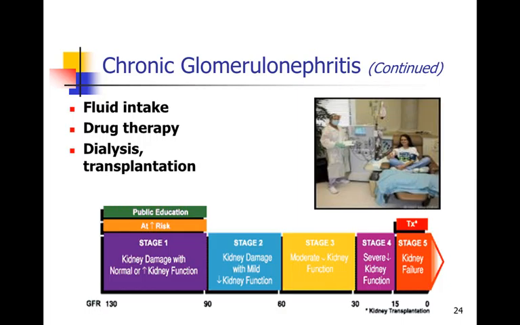So chronic glomerulonephritis almost always leads to end-stage renal disease. And they may be up into stage 2 and stage 3 before they even know that they have had problems.